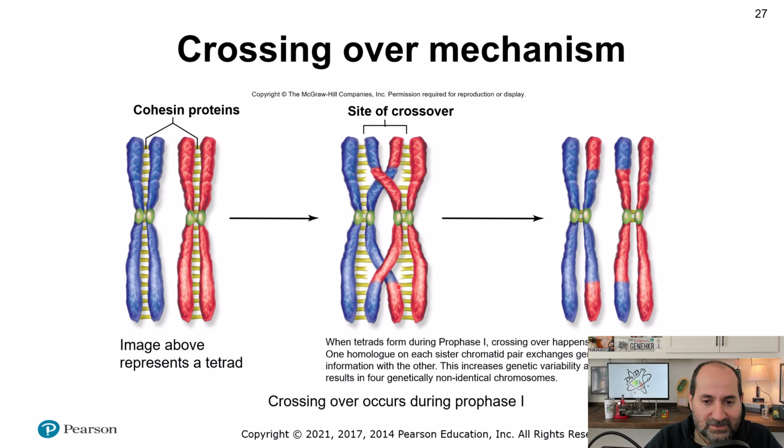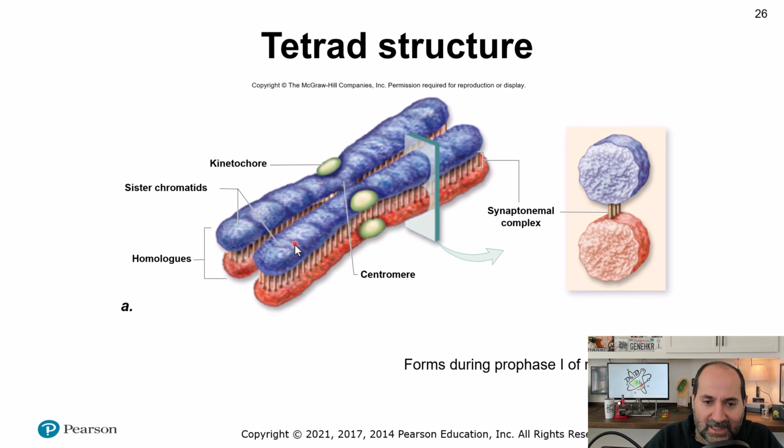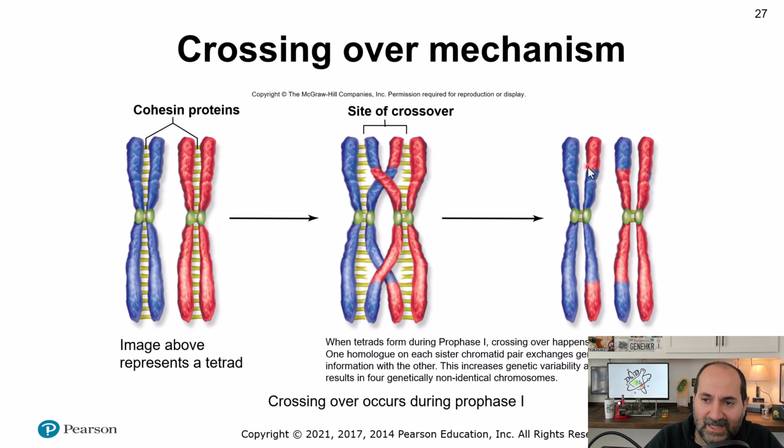You see this crossing over happens, and look what the result of crossing over is. Look at this. After crossing over has happened, and remember, crossing over only happens in one of the blue tails with one of the red tails. The other sister does not undergo crossing over, okay? So if that's true, let me ask you this.